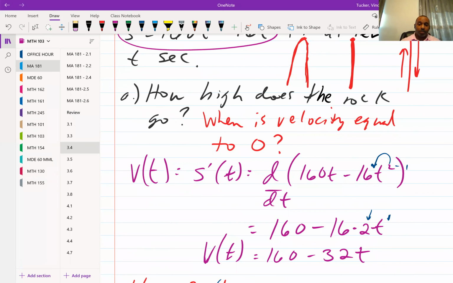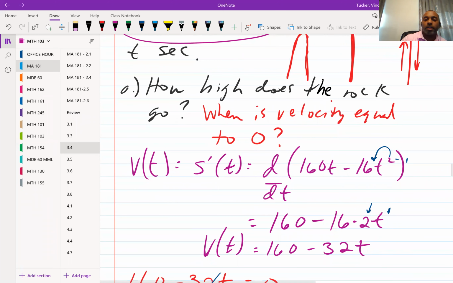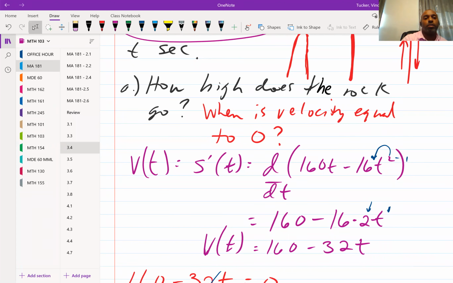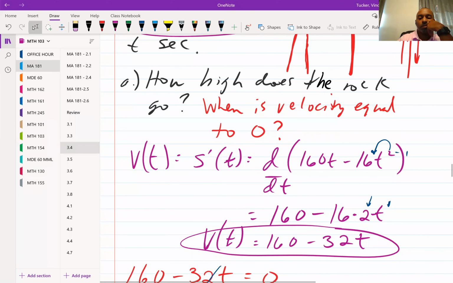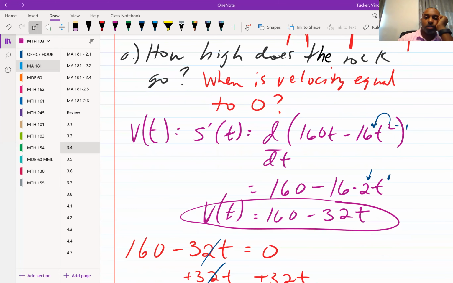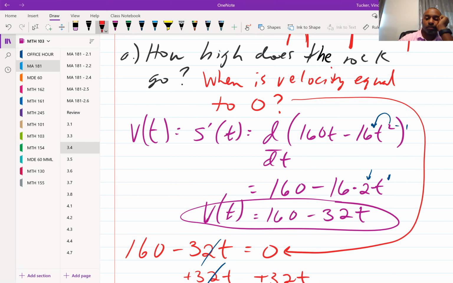The derivative of 160t is just 160. Then we have 16t squared: bring the 2 down, subtract 1 from the exponent, and then 2 times 16 is 32. So we have 160 minus 32t as our velocity. So remember, the question is, when is the velocity equal to 0? So we take that equation and set it equal to 0.